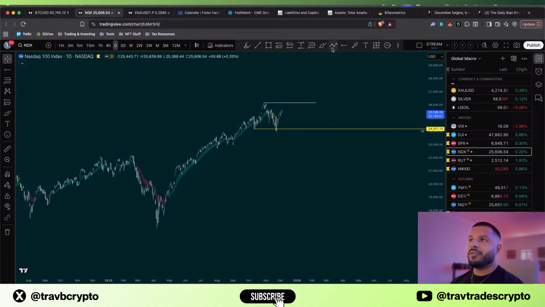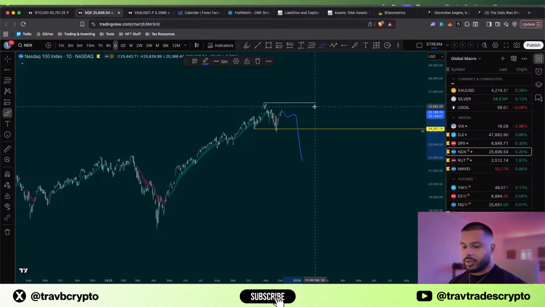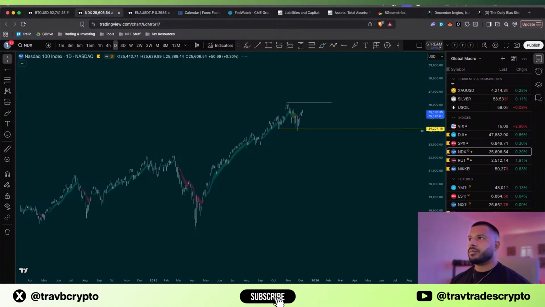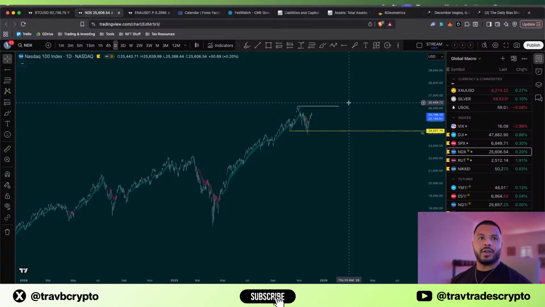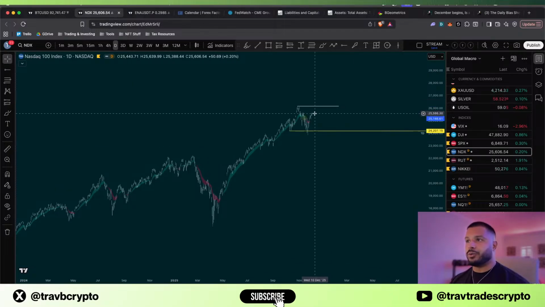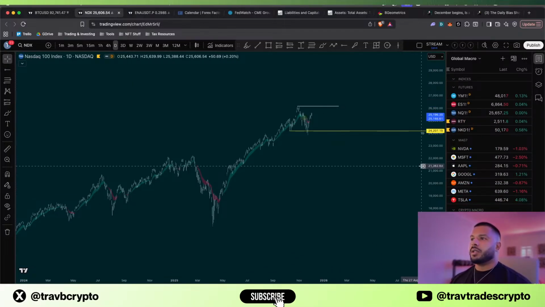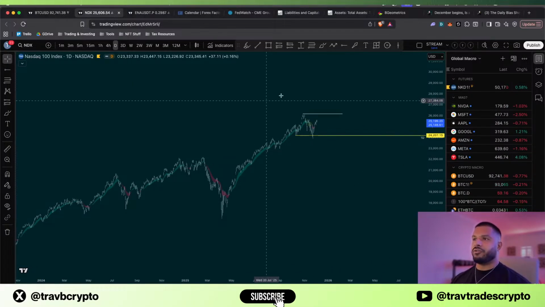But if the NDX was to roll over sooner, then it's likely Bitcoin also rolls over sooner, and it will cut short any counter trend rallies or bounces we're having. That's it, legends, on the macro front.